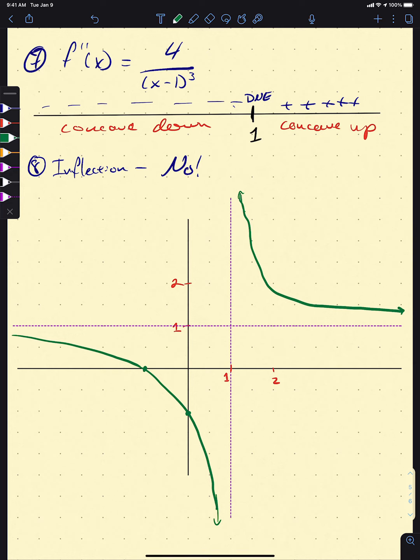And you could absolutely go through and pick a handful more points, either on this side or on this side, to get a more accurate sketch of the graph. But that's how we can build on the tools that you would have learned in a pre-calc class for graphing these. We can build on those with these ideas handed to us by the first and the second derivative to up the game when it comes to sketching curves.